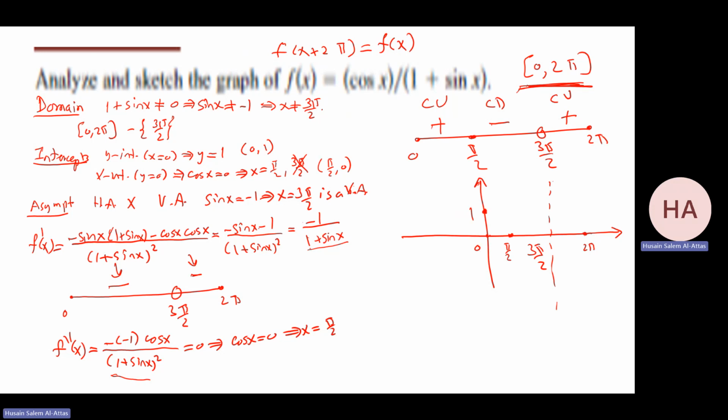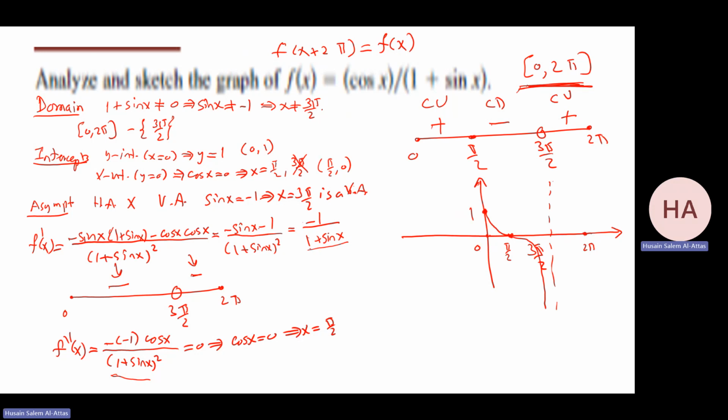This is the point. And f prime is decreasing all the way, but from 0 to pi over 2 it is concave up. So it will do something like this. Then it will be decreasing, but concave down. So something like this.